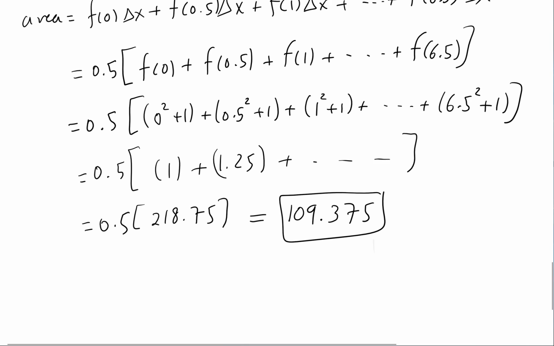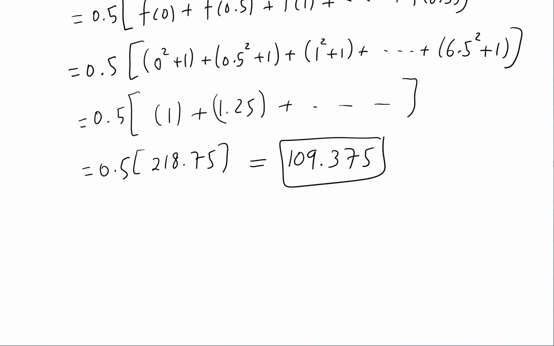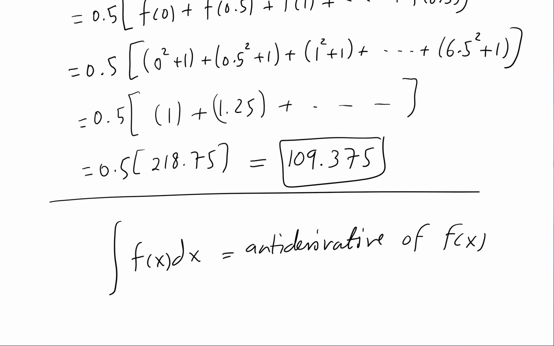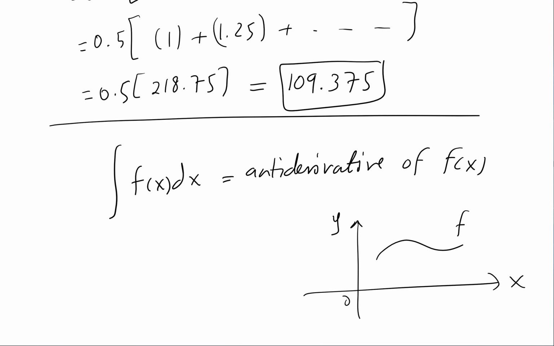Now we can look at more stuff, such as back to the antiderivative, f of x dx. We call this the antiderivative of f of x from the previous section. Now I want to get this integrated into this lesson. So say this is f.